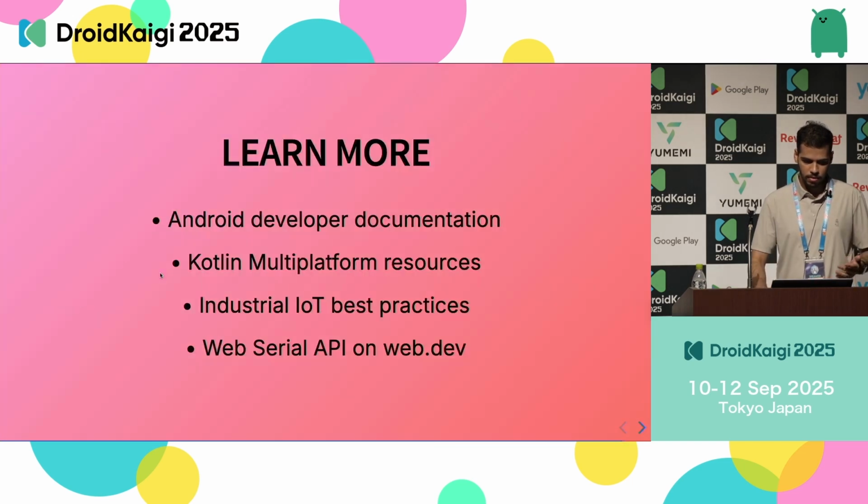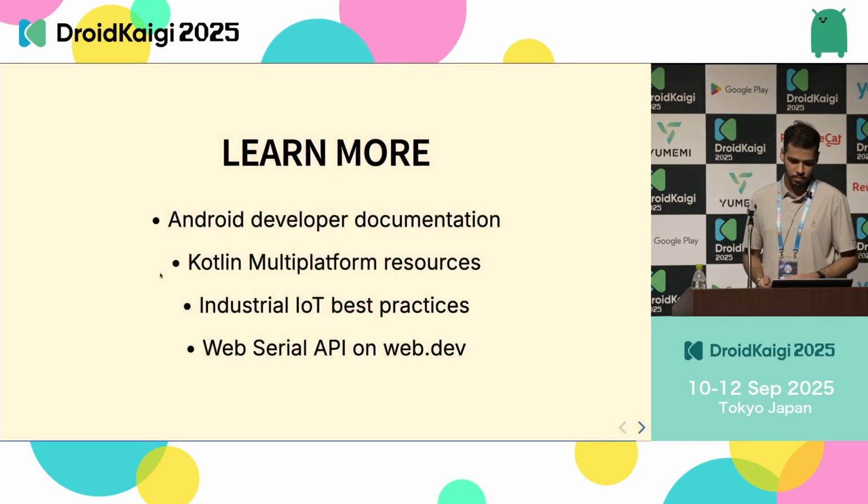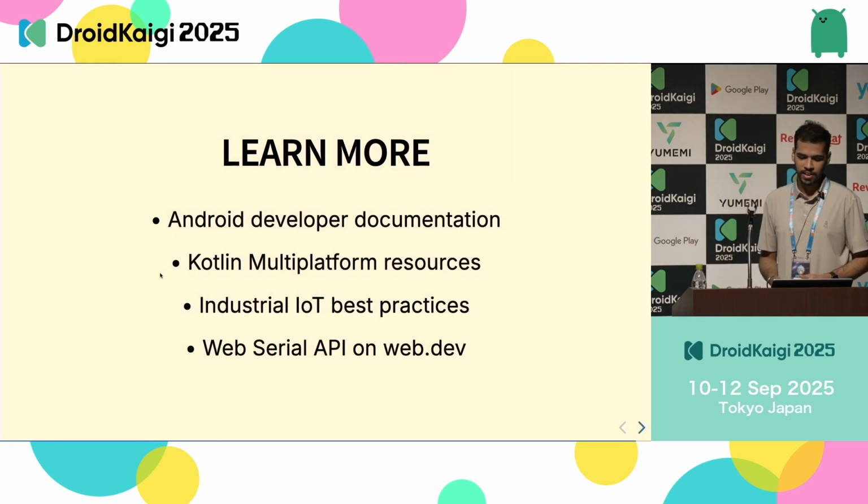To end it, if you're interested in more, you can start with Android's WebView documentation and JavaScript interface documentation. I think it's quite comprehensive and well written. I think Kotlin Multiplatform guides from JetBrains are also good to start with. And for the third one, Microsoft and Amazon have good resources, even though you don't have to use their cloud.